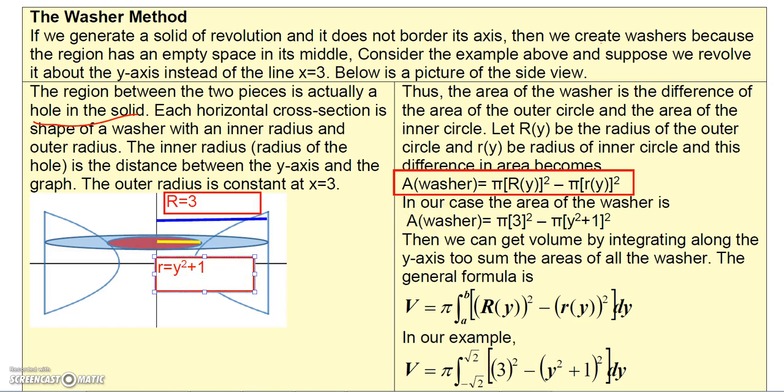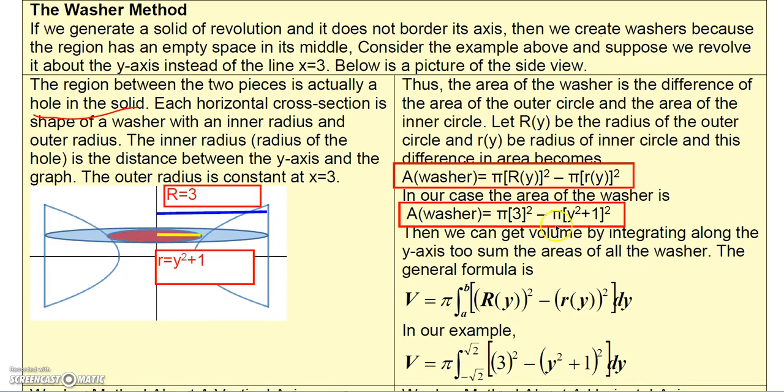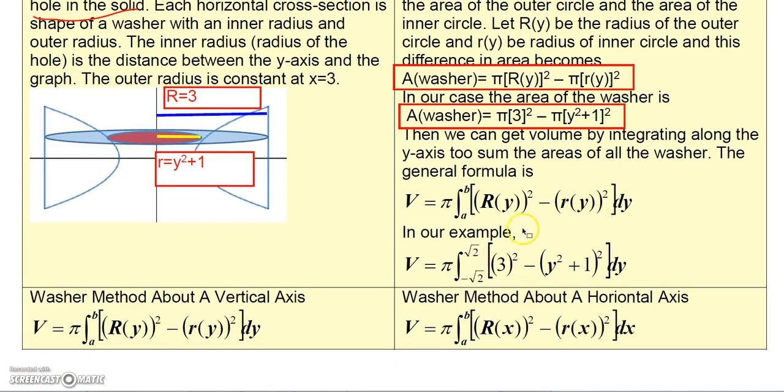And so your formula for the area of the washer would be pi times the large radius squared minus pi times the smaller radius squared, and that would give you the area of a typical washer. The capital R quantity squared is this part, and the little r quantity squared is this part here.